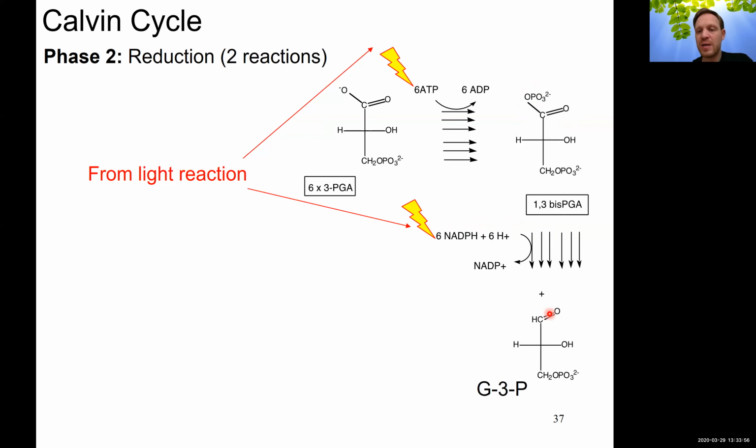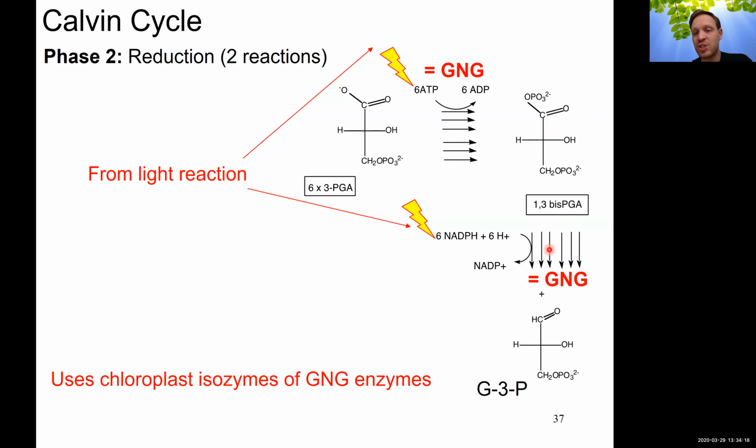Okay. So this should ring a bell if you sort of look at these reactions, what that looks like, right? If you were to go back from G3P, oxidation combined with phosphorylation all the way back to 3-PGA here, that was glycolysis, right? The other way around, 3-PGA, 1,3-PGA to G3P, that's GNG.